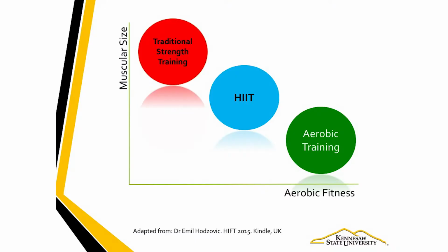I'll leave you with this graph, if you will. High intensity training is going to be sort of in the middle of the spectrum, right? If you want to train for a marathon, you got to do those long runs. You got to go out and do those 25, 26 miles and feel what that feels like. If you want to be a bodybuilder, then you got to spend time in the weight room, right?